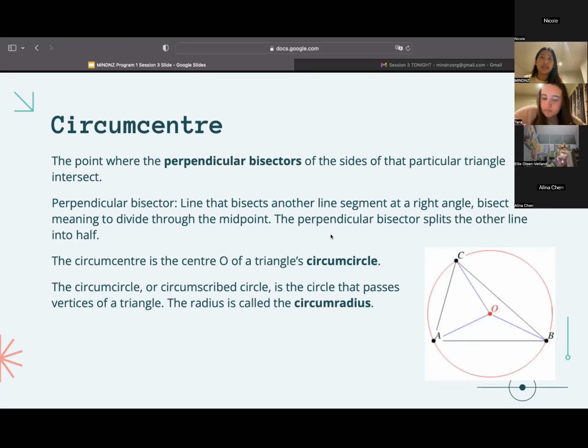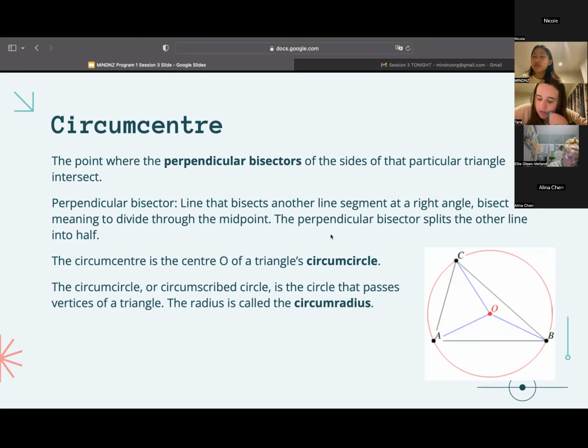So what is the perpendicular bisector? It's almost a little bit like an altitude, like we said before, because the line is at a right angle to the side. But what it also does is it bisects that line. Bisect means that it splits the line in half.